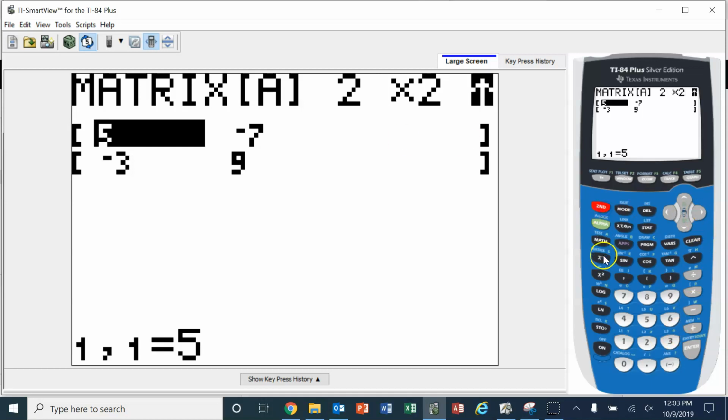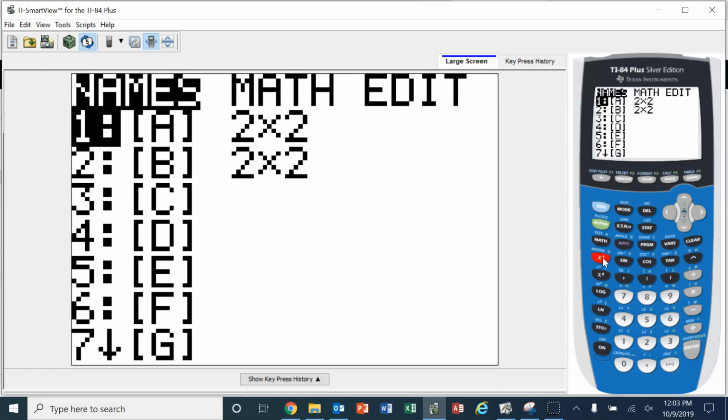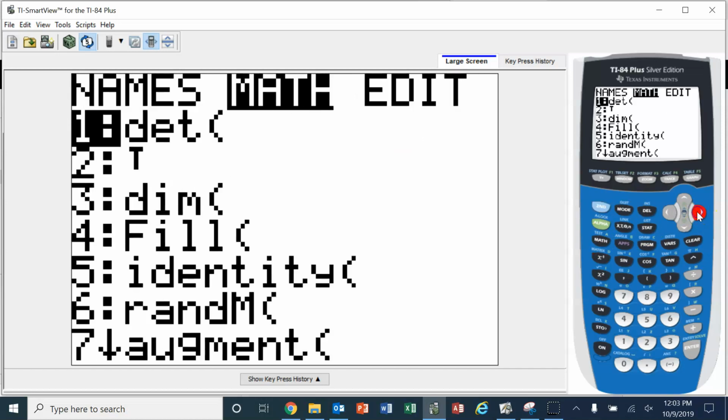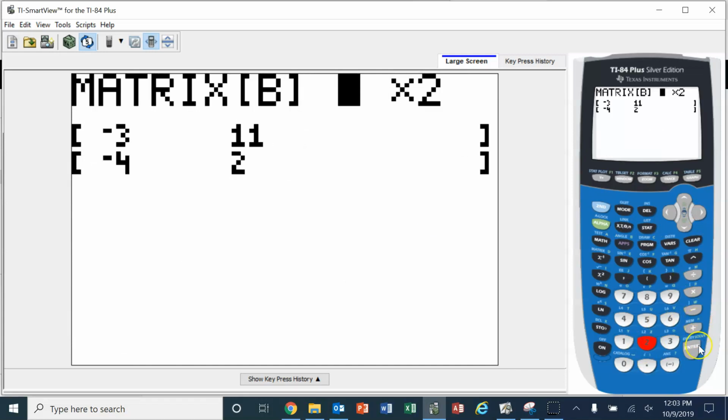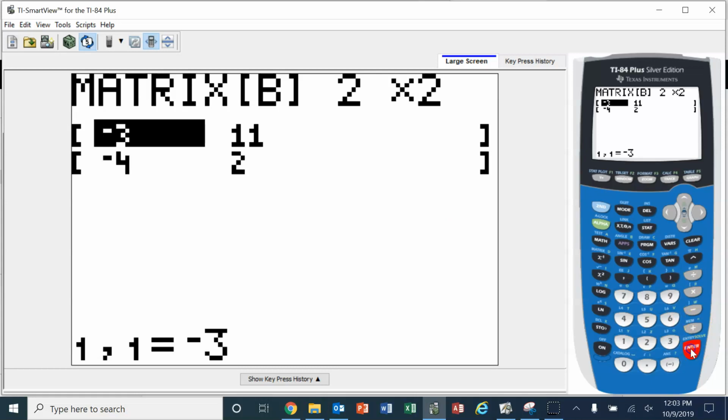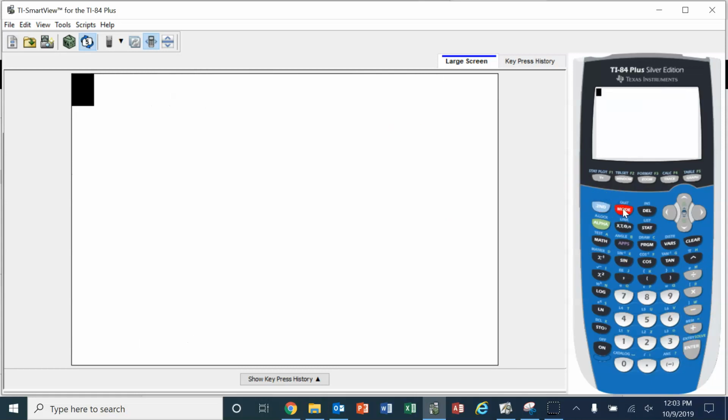If you need to start over, go back to your matrix, right arrow to edit, pick the matrix you want, type in the dimensions, and then the numbers. When you're all done, second, quit.